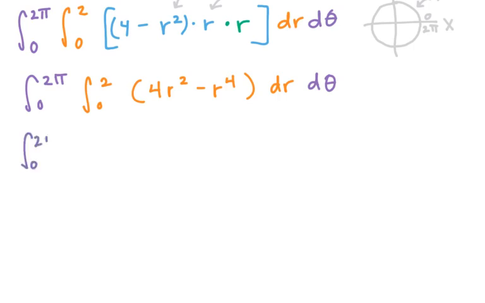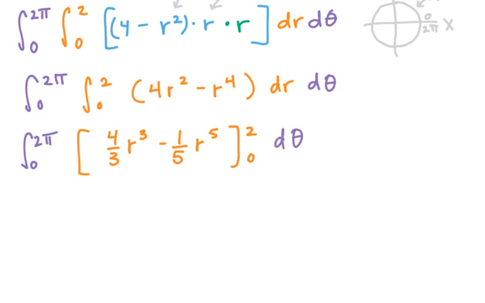We got 0 to 2 pi. That will become 4/3 r cubed minus 1/5 r to the 5th. We're going to plug in 2 and 0 and then integrate again with respect to theta. So plugging in 0 doesn't matter. We're going to get 8. 2 cubed is 8 times 4. That is 32 over 3. Minus 2 to the 5th is 32.